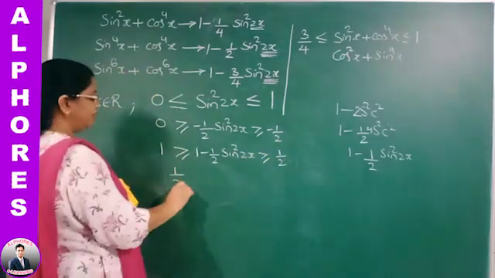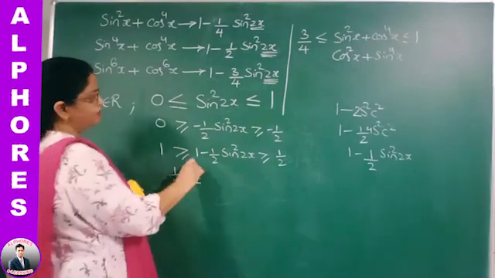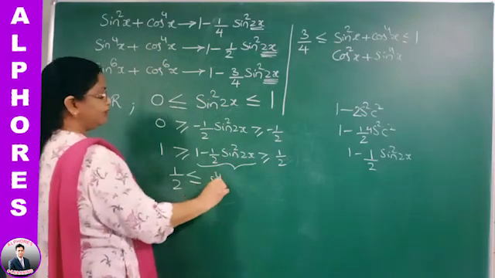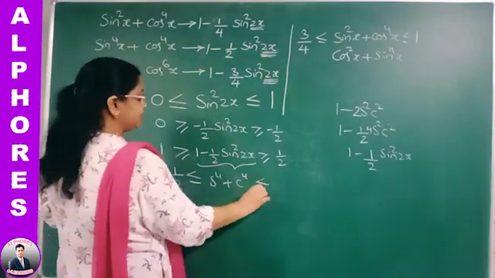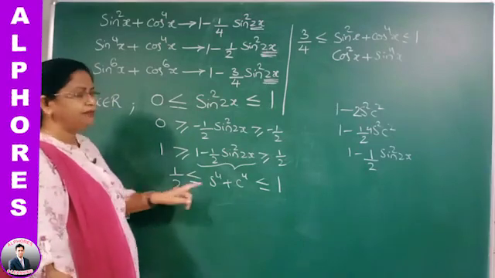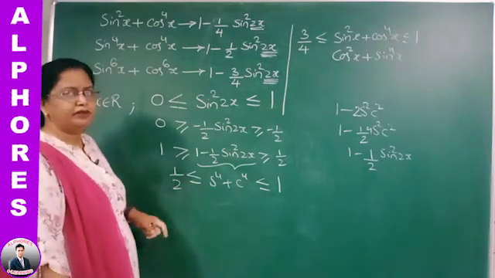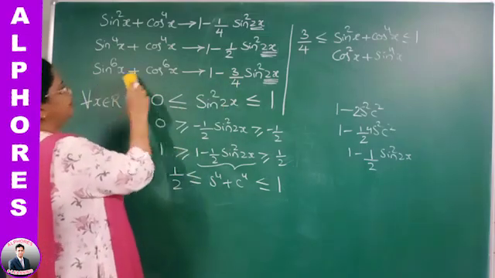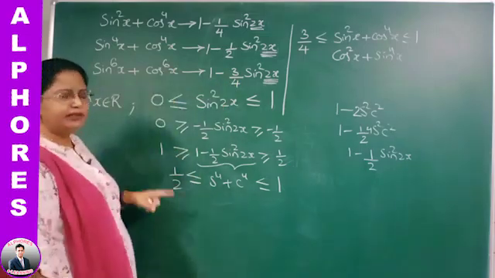Hence you got 1 by 2 less than or equal to this entire value. It is nothing but what here? Sin⁴x + cos⁴x less than or equal to 1. Therefore the minimum value is 1 by 2 and the maximum value is how much here? 1.